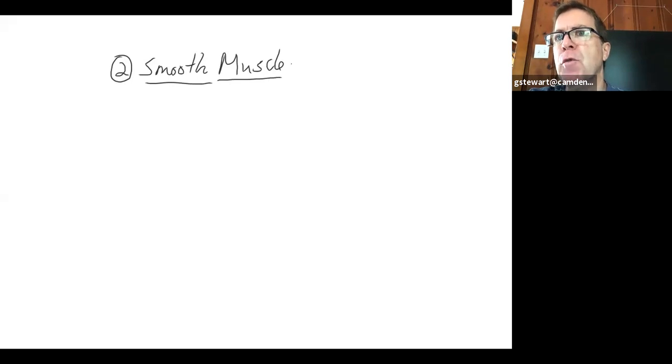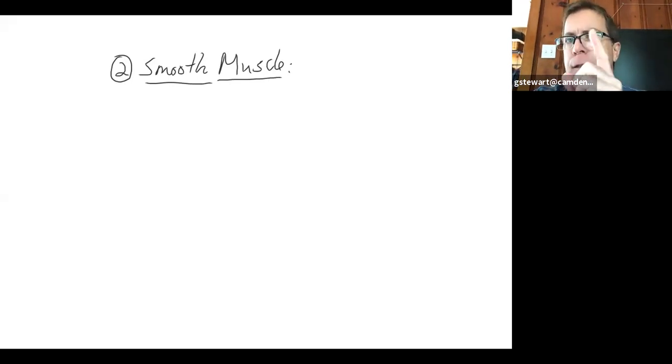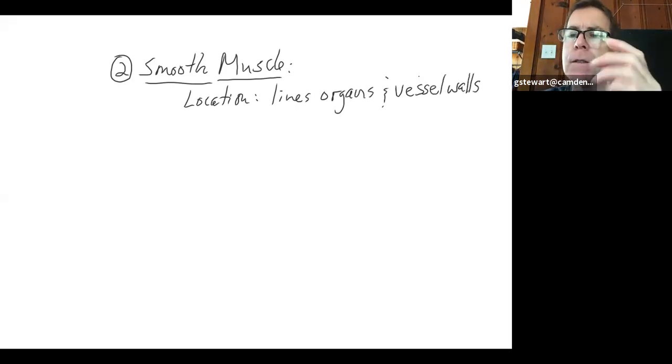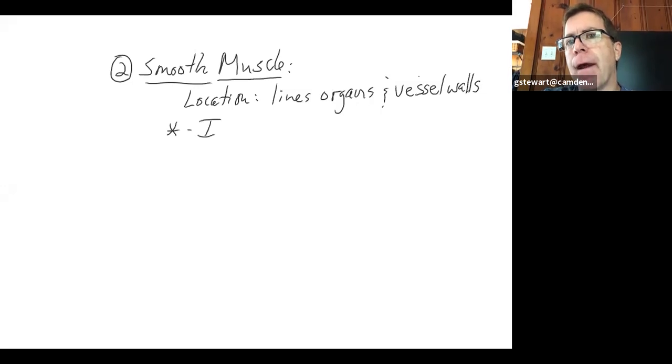So smooth muscle, this is stuff that lines, so I'll write location. It lines visceral organs and vessel walls. So we find this stuff in the walls of our organs and our vessels, our arteries and veins. This stuff is involuntary.